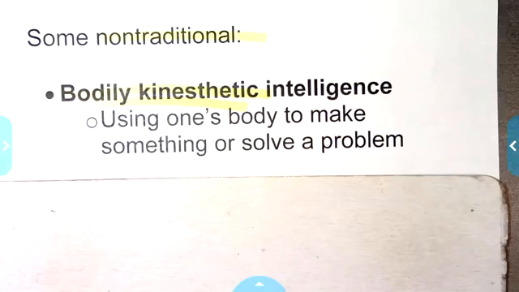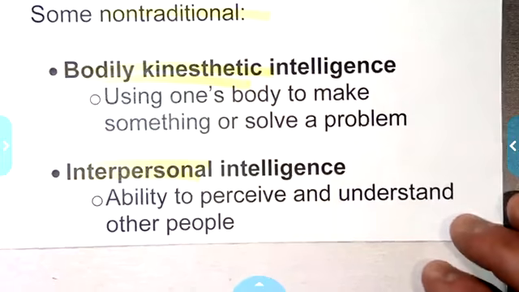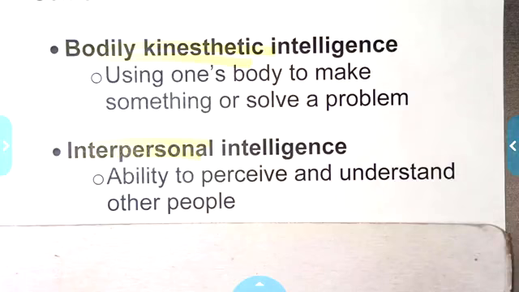Here's another form of intelligence that is included in Gardner's theory that's not given much attention in traditional theories of intelligence. How about interpersonal intelligence? Interpersonal intelligence is the ability to perceive and understand other people.